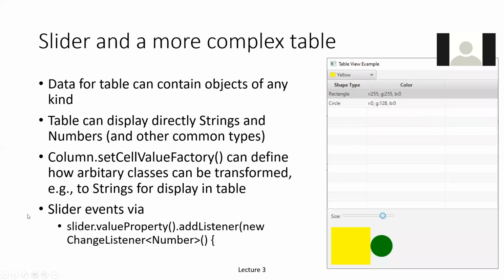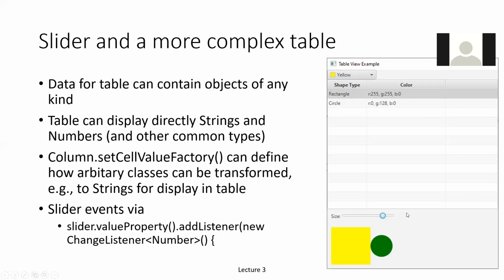And then this last example was a little bit more complex. So this shows that the data model for the table can contain objects of any kind. The table itself can display directly strings and numbers and the common types, but the cell value factory was used here, so it allows you to define how arbitrary classes can be transformed, for example, to strings for displaying in the table, usually because we convert things to strings for showing in the table.